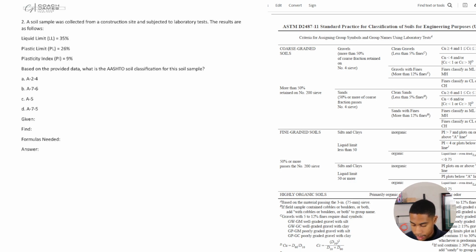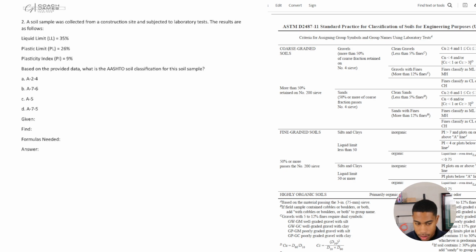This one says it has a liquid limit, LL, of 35%, a plastic limit of 26%, and a plasticity index of 9%. Based on the provided data, what is the AASHTO soil classification for this sample, right?